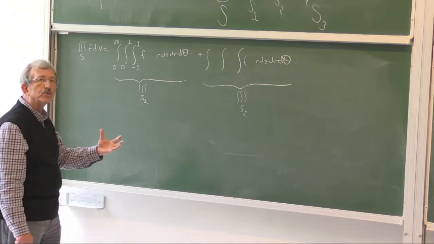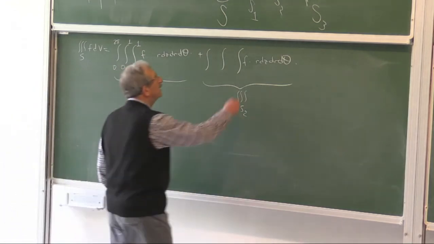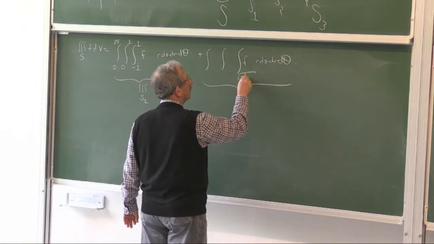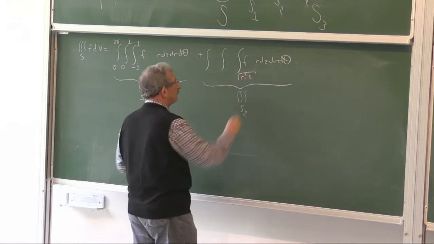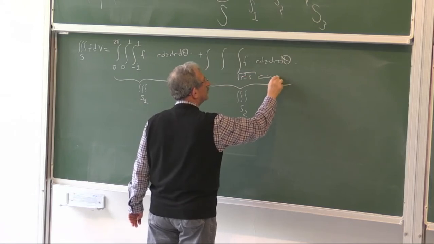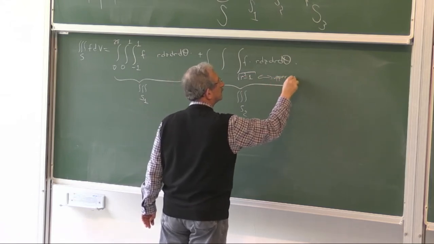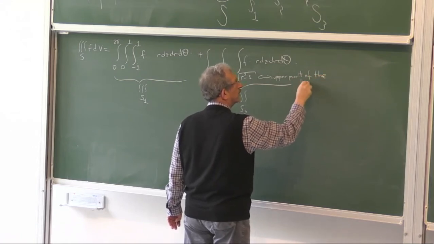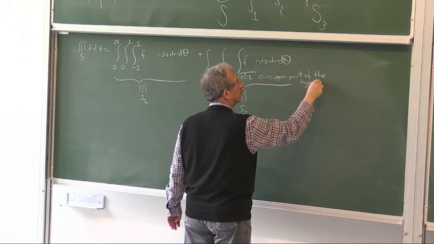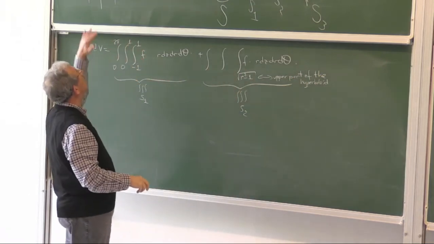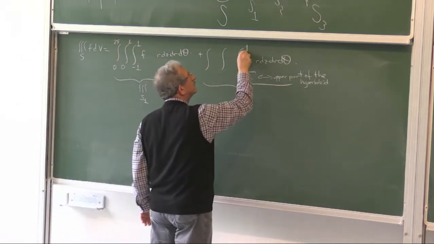In polars, it means r squared minus 1. This is the upper branch or upper part of the hyperboloid. And then I leave from the upper plane, which is z equal to 1.